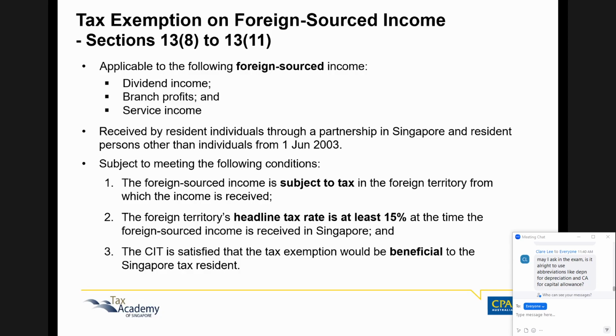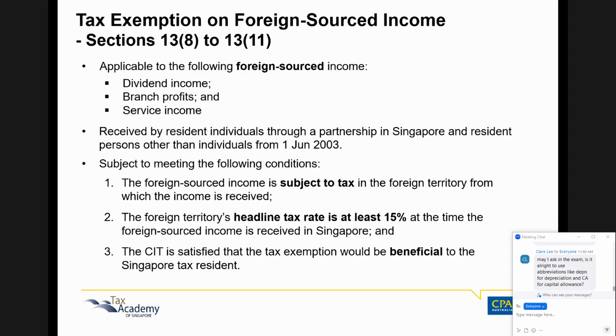So even though, for example, the corporate tax rate is 25%, I don't need to look at for that company, does it enjoy tax incentive and tax at less than 25%. I just look at what is the listed corporate tax rate. Then the Comptroller is satisfied that the exemption is beneficial to the tax resident. Usually that's so, then the person will claim. So this is a tax exemption.